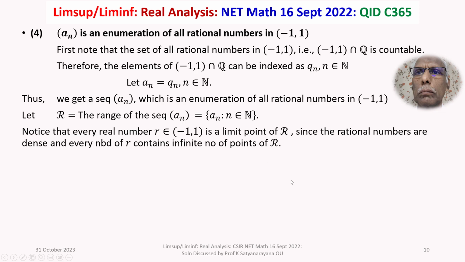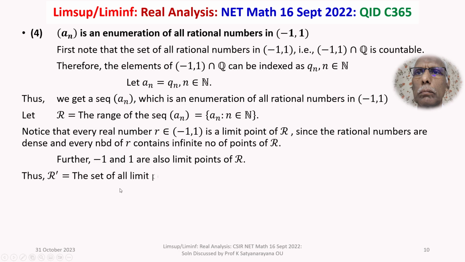That means the closed and bounded interval -1 to +1. Thus R prime, the set of limit points of the sequence An, is equal to the closed and bounded interval -1 to +1. Agreed.